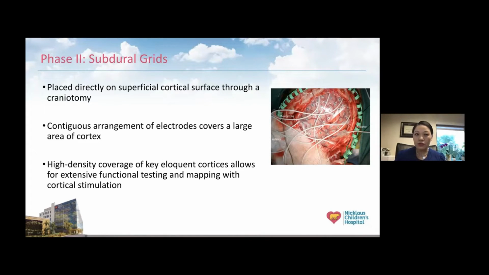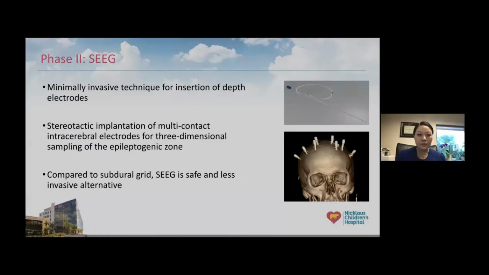And sometimes during the process of implanting a grid, we will either place a depth electrode onto the insula using a freehand technique, or alternatively dissect through the sylvian fissure and place a contact electrode over the sylvian fissure directly over the insula. The second type of phase 2 evaluation that we will employ would be SEEG.